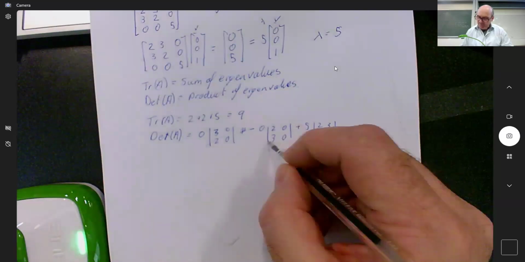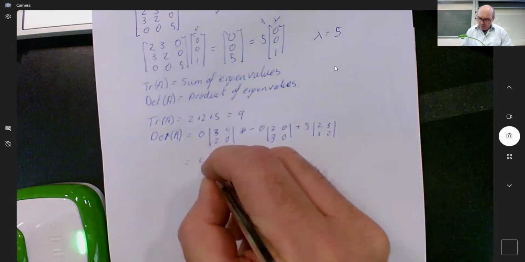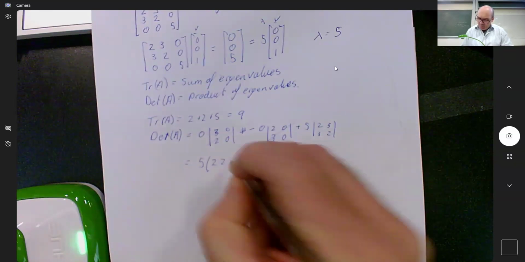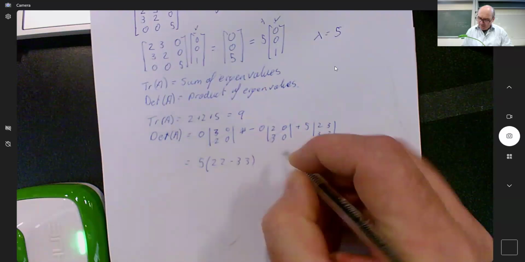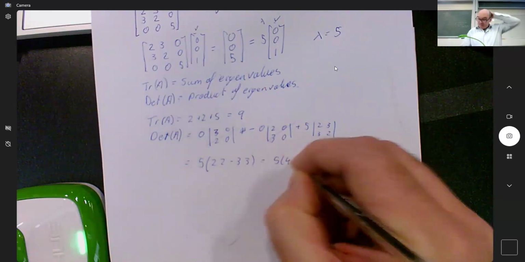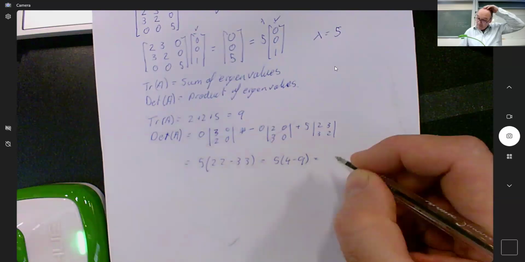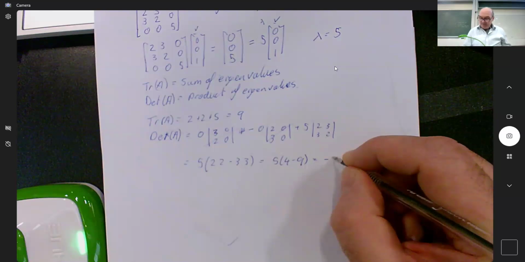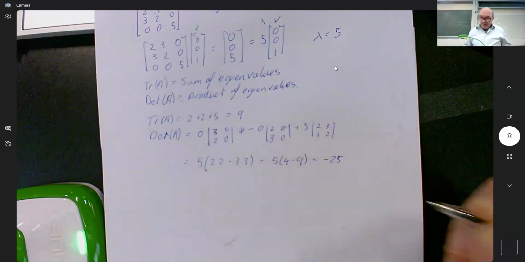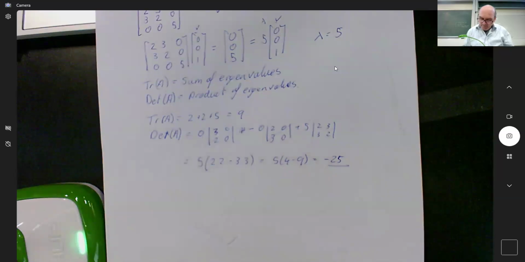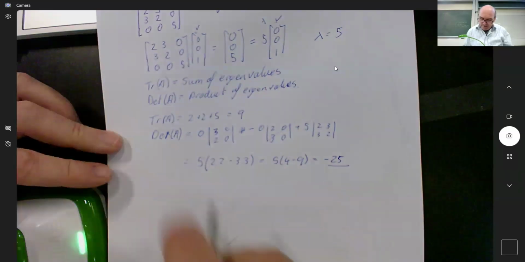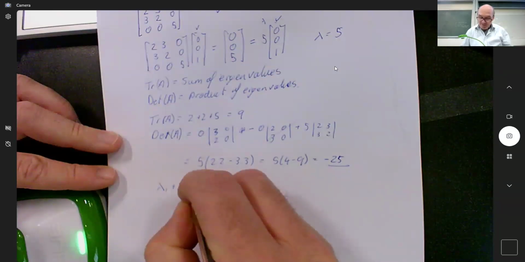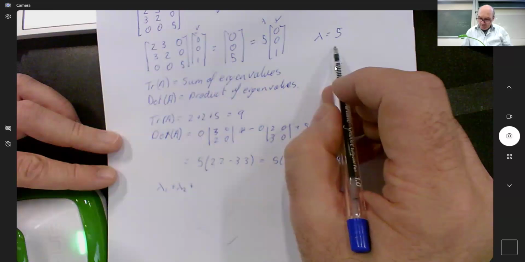So this is going to be 5 by 2 times 2 minus 3 times 3, which is equal to 5 times 4 minus 9, which is equal to minus 25. Sweet. So I've got my values. I'm going to go lambda 1 plus lambda 2 plus the one I know, 5, is going to be equal to 9.